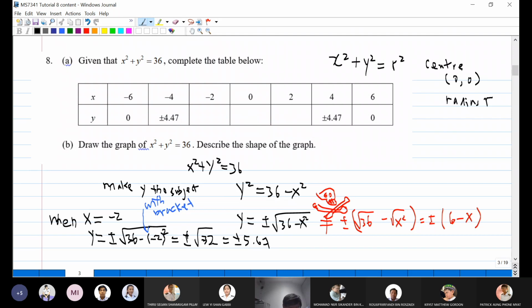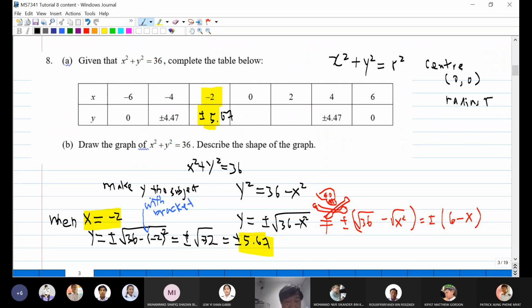When you use the calculator, make sure you press it together with the bracket, because some of you don't have this habit, then you always get the wrong answer. So this is the answer for x equal to minus 2. This is actually plus or minus 5.67.